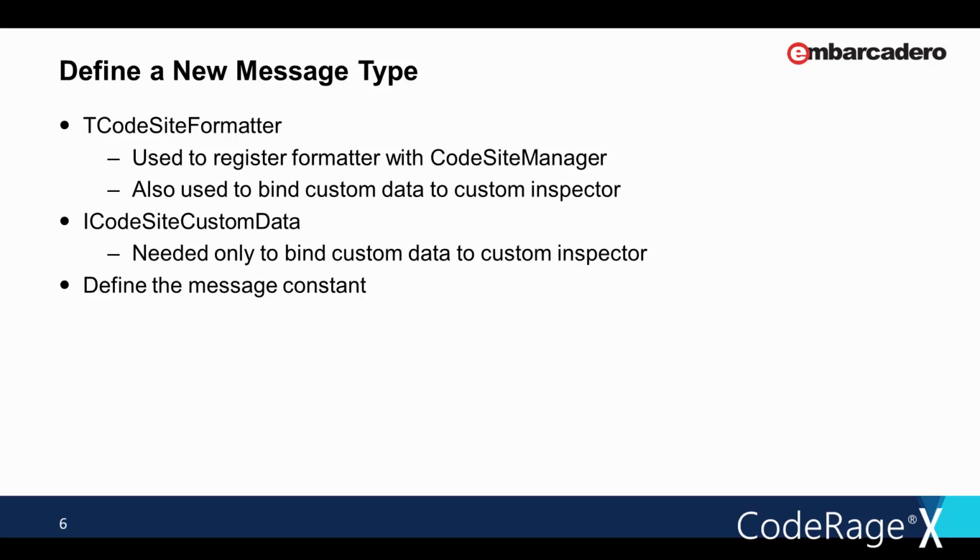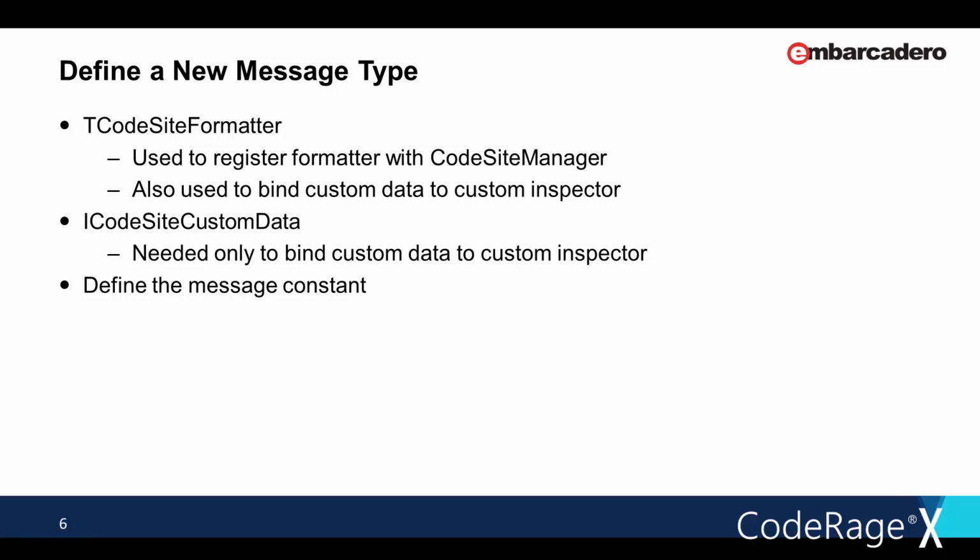So to define a new message type, we would do this for your CodeSite formatter to register with the CodeSite manager so that any CodeSite logger will know how to format the data. While I'm not explaining it in this particular session, it is also possible to define your own custom inspector, which is not one of the stock ones, but can be a custom display of your choice.